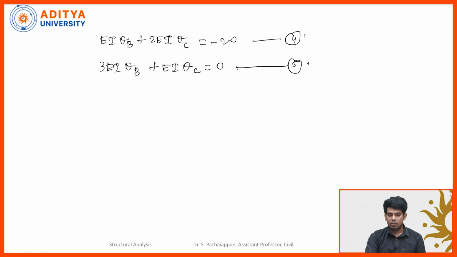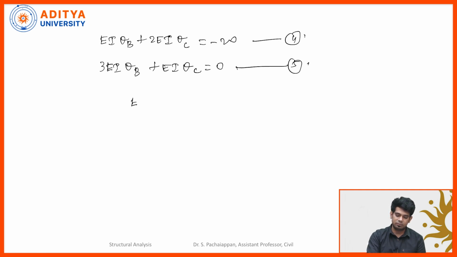Now you see two equations and two unknowns are there. So we can directly enter the calculator, select the two unknowns and then substitute the coefficients 1, 2, minus 20 for the first equation, and for the second equation the coefficients are 3, 1, 0. So directly we are going to get the values.